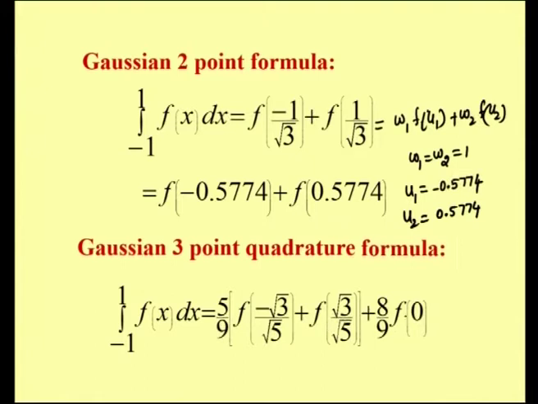So again this is expressed in the interval minus 1 to 1. Here you have the weights w1 is equal to w2 is equal to 5 by 9 and w3 is equal to 8 by 9, and u1 is minus root of 3 by 5, u2 is plus root of 3 by 5 and u3 is 0.